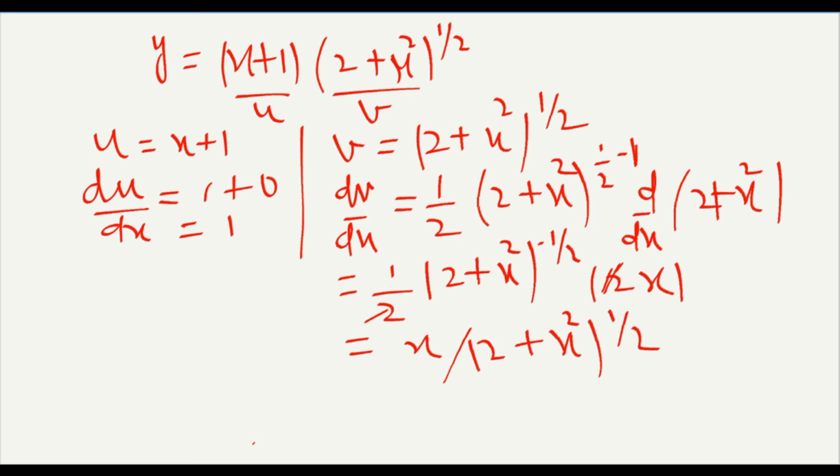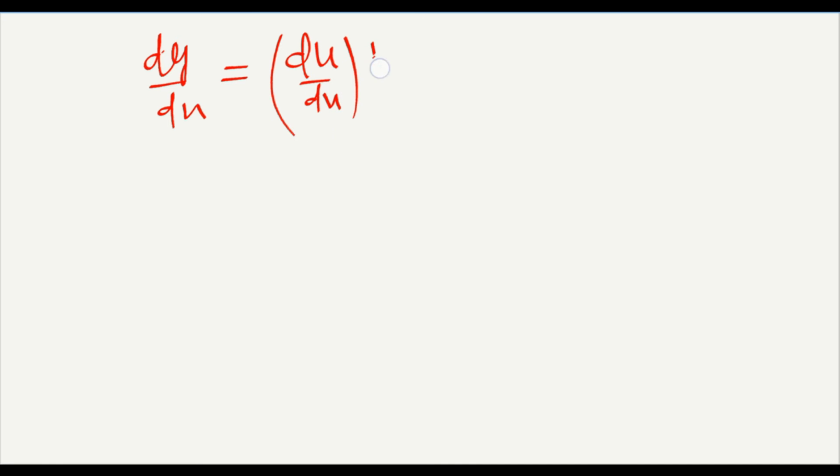Now again, for the derivative, what was the derivative formula? dy by dx is the derivative of u with respect to x and v as it is, plus u as it is, derivative of v with respect to x.